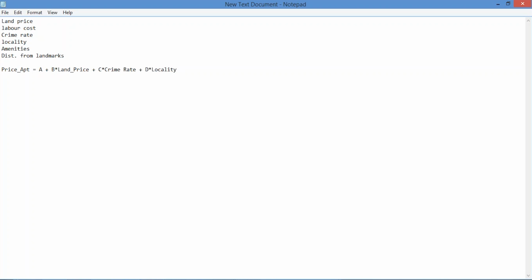Okay, this is what I have, right? G1 says builder also. Yeah, I take all these as inputs. I just put few of them, whatever you guys mentioned. Labor costs, okay. Now, this is a very simple linear regression equation, right?